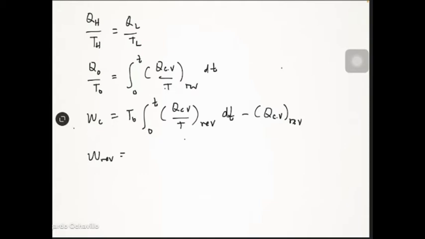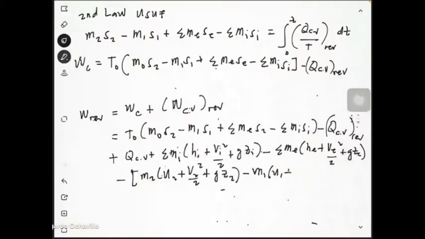Okay, let's check on our equation here. This is U in here, this is U1 plus V1 squared over 2 plus GZ1.